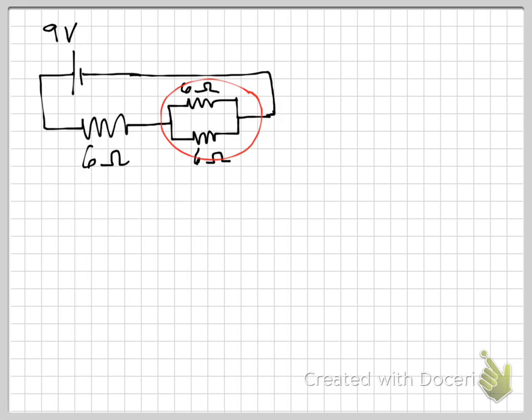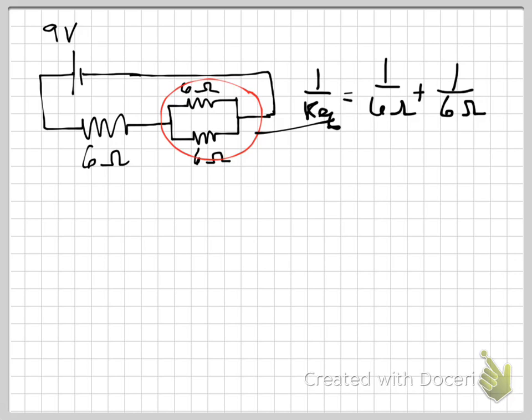The equivalent resistance of this: 1 over Req equals 1 over 6 ohms plus 1 over 6 ohms. Using the calculators, remember that you can use the parentheses function to nest all of your equivalents.